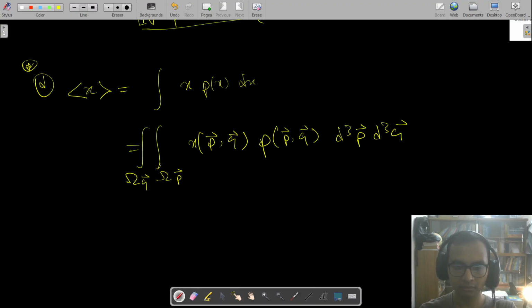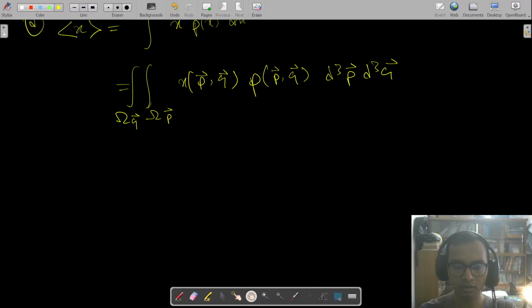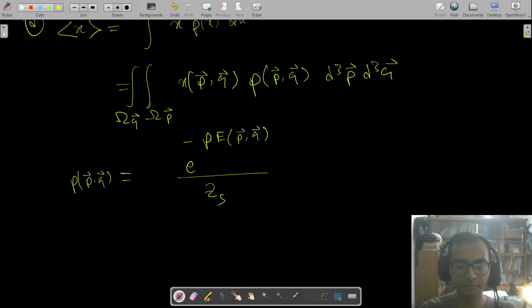Now, notice one thing, that is the probability is given by e to the power minus beta E divided by Zs, with some appropriate factors up front.